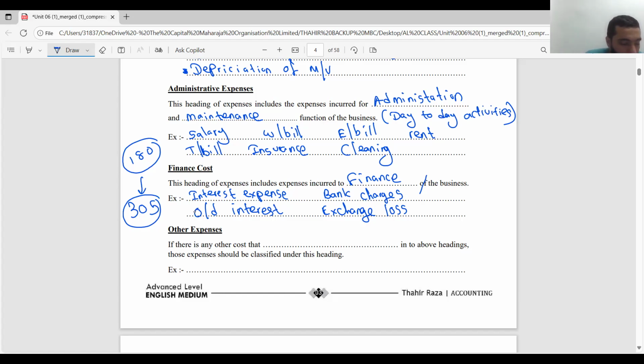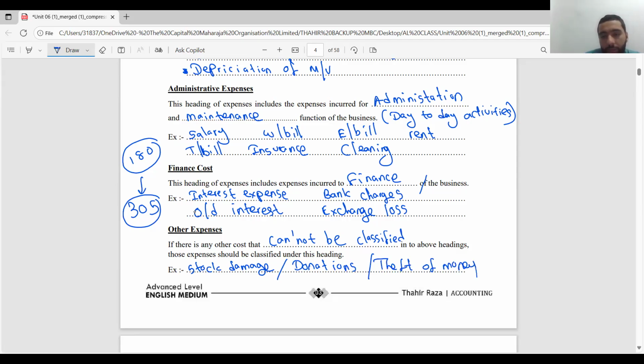Right? If there is any other cost that cannot be classified to above headings, those expenses should be classified under this heading, right? For example, we can say stock damage. You can't classify anywhere else. You have to classify here. Donations, theft of money, right?